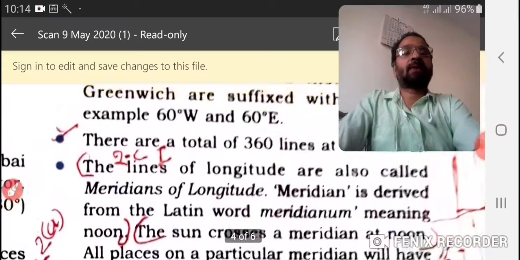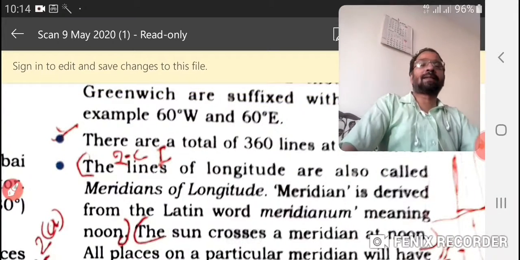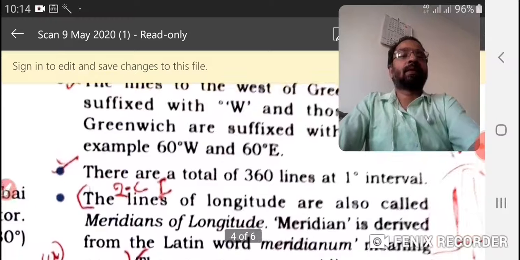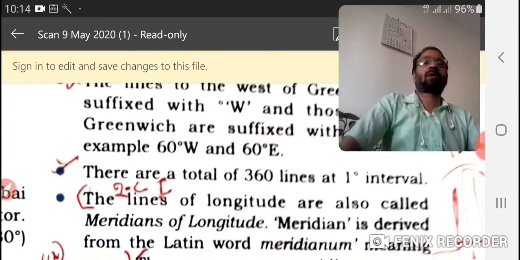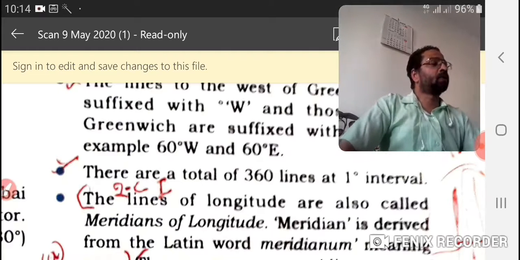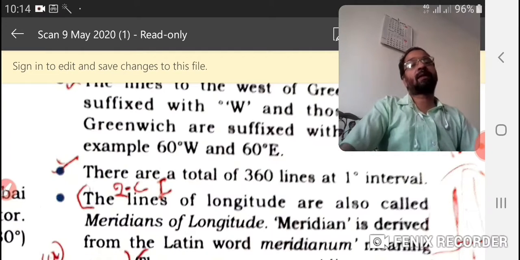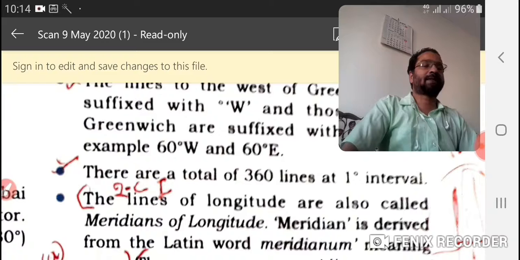Now the next point: there are a total of 360 lines of longitude at 1 degree interval. That is another point you have to understand. Total number of longitudes, how many are there? There are 360 lines.